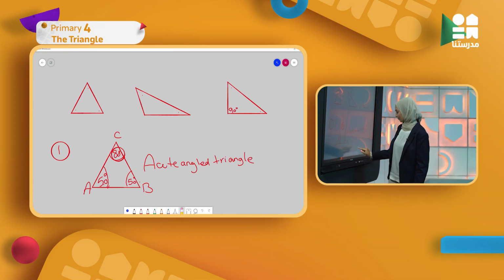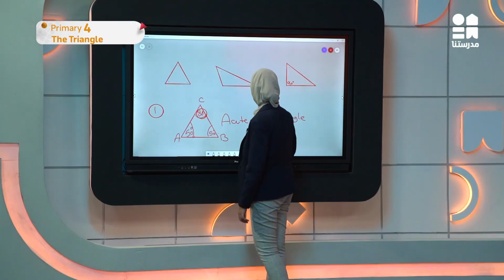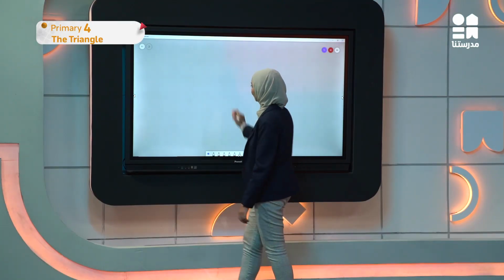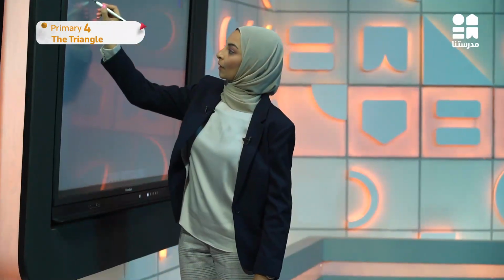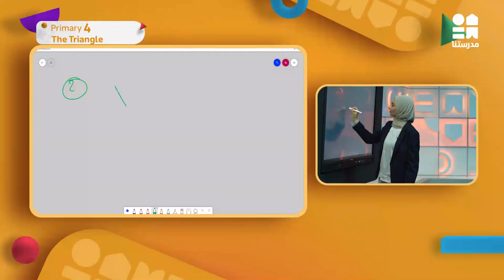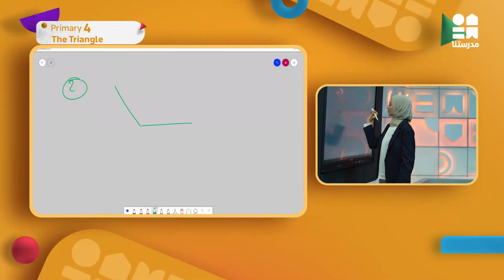Okay, another one. Let's see this example. Now I think it's very easy to identify or classify the triangle according to its measure of its angles. Let's see this one. Here I have triangle. This angle is 100 degrees.